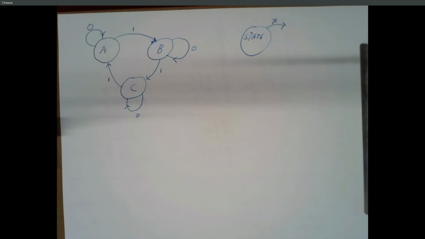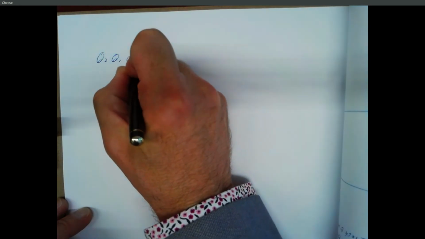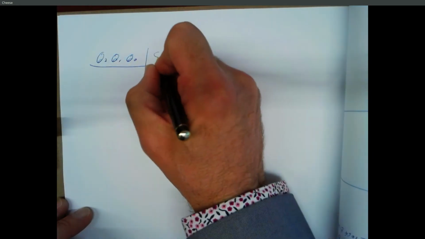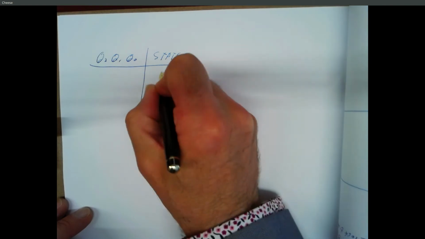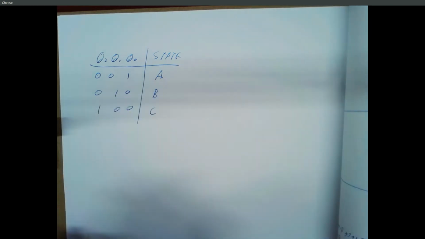But we could also use three flip-flops, and we could do something kind of quirky, like say, we're going to represent our three states like this.